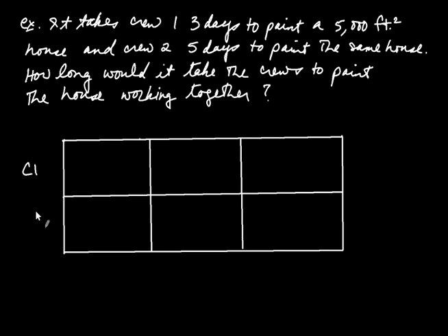And the second row is going to refer to crew 2. And we're going to have 3 things. The first column is going to be the rate. That's the first thing we want to look for. The second thing is what we call the shared time. That is how long they work together for. And the last thing is the fraction completed.